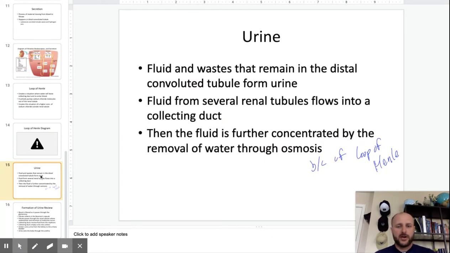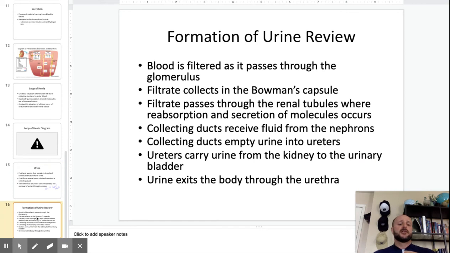So what is urine? It's the fluid and waste that remain in the distal convoluted tubule, form the urine, and then they get filtered in the collecting duct. The fluid is further concentrated by the concentration that the loop of Henle created, pulling water out of it. And then finally, that fluid that's in the collecting duct will leave the kidney in the ureter.